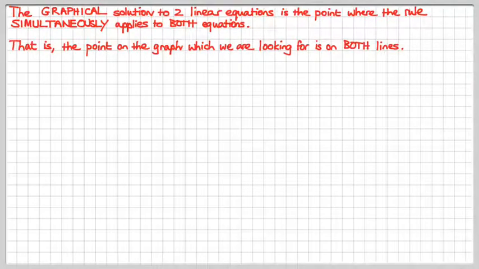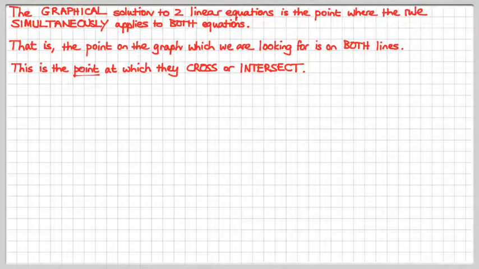Well, that is the point on the graph which we are looking for is on both lines. This is the point at which they cross or intersect, because that point is where both rules are working at the same point, right? Our value of x, the y values will work for both equations and they will be the same simultaneously.